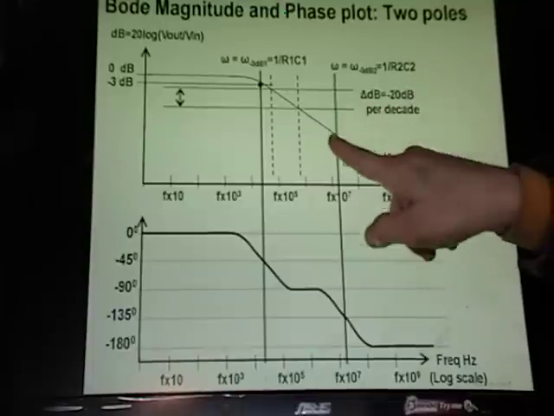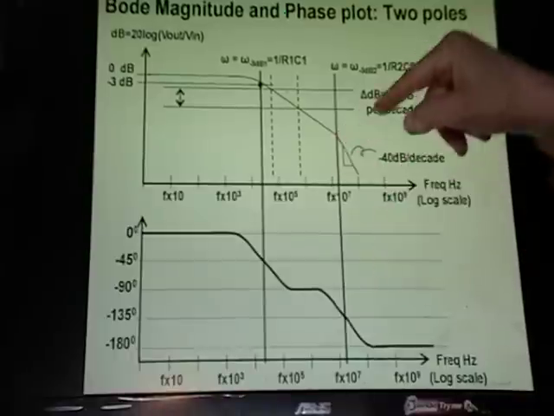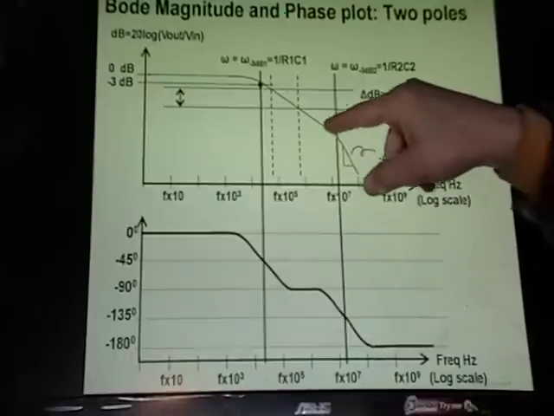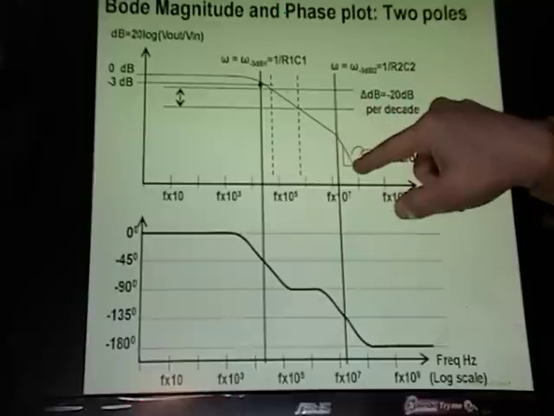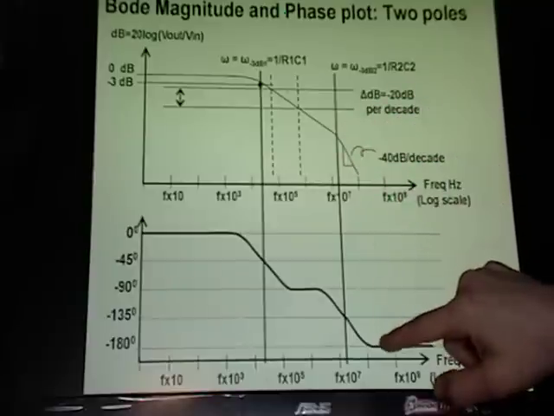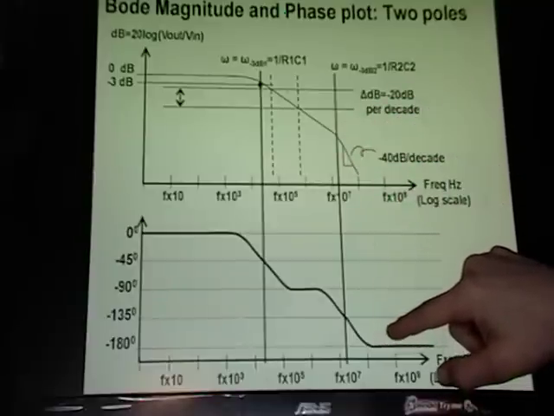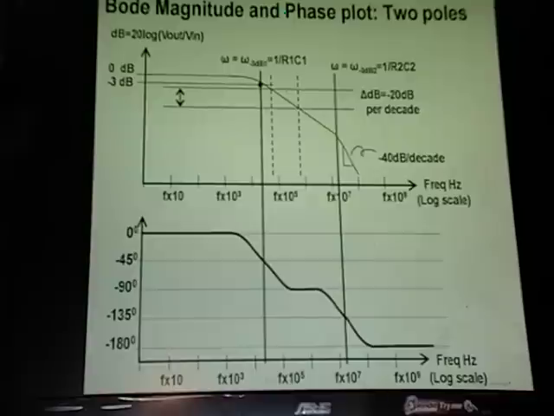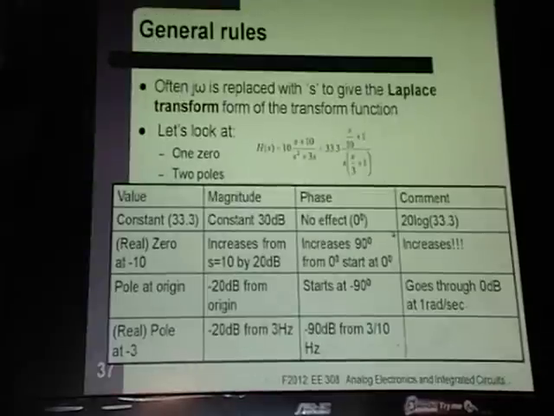It brings your gain back up by 20 dB per decade. So it keeps the gain from dropping at the same time it's getting closer to that 180 degree phase shift. So right-hand plane poles, those are bad for feedback, as I remember.